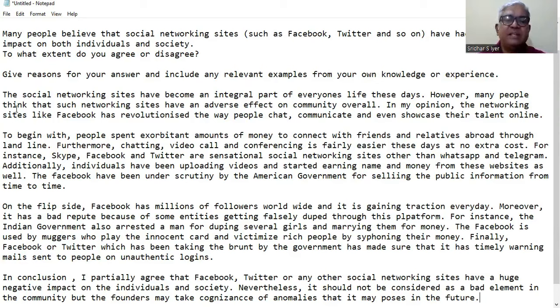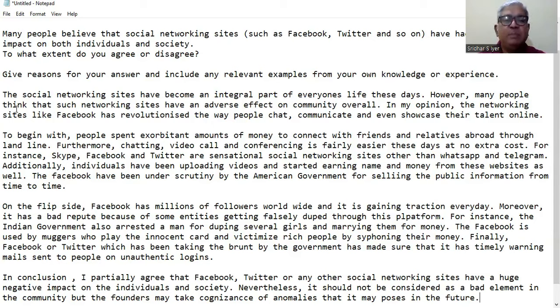The social networking sites have become an integral part of everyone's life these days. However, many people think that such networking sites have an adverse effect on community overall. In my opinion, networking sites like Facebook have revolutionized the way people chat, communicate, and even showcase their talent online.